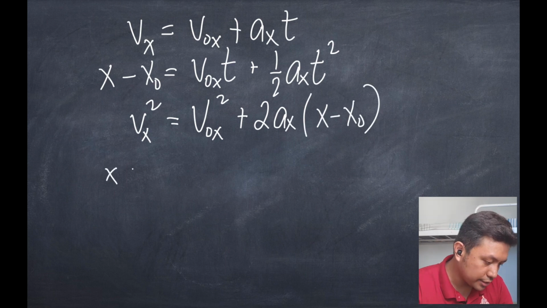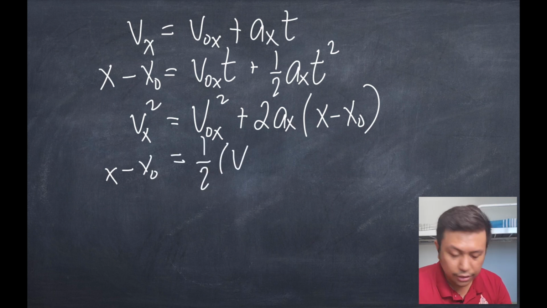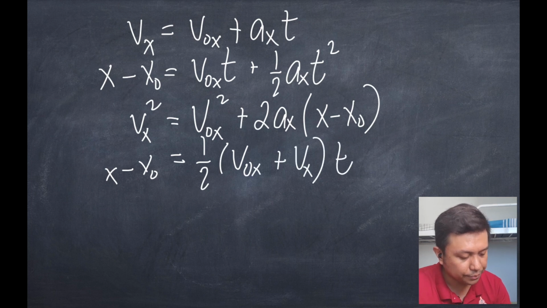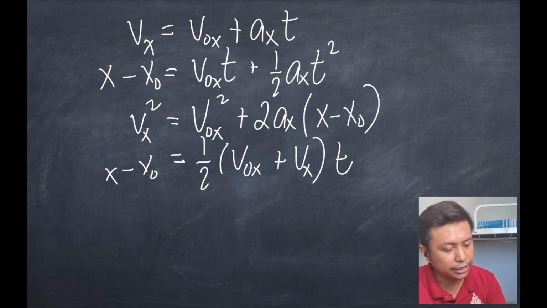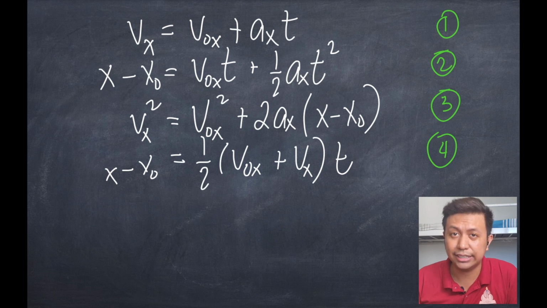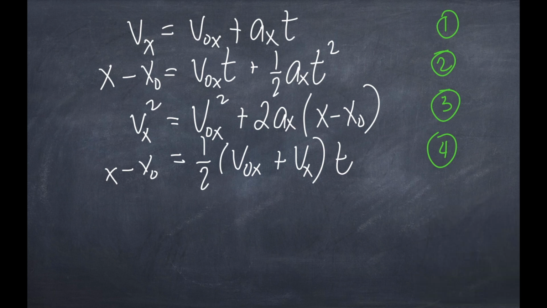And then we have x minus x naught is equal to 1/2 times v naught of x plus vx times time. These are the four kinematics equations. We will be using them in all kinematics problems that involve uniform acceleration, meaning the acceleration is constant. Do not forget them, and do not forget how to use them or when to use them. I'll see you in the next video for some examples.